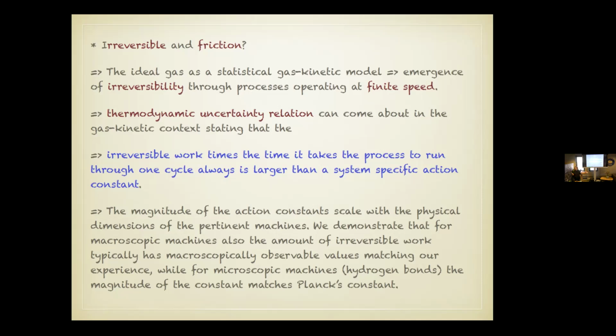P times V is nkT, so the classical thing.